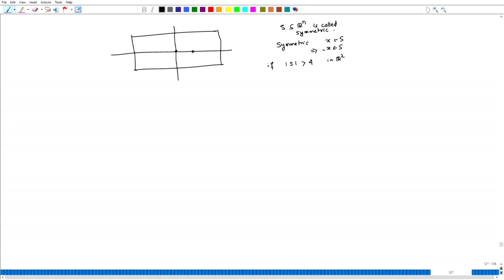Now, we can ask this question for any symmetric domain which is a convex domain. So, let S be a convex symmetric domain in R^n.